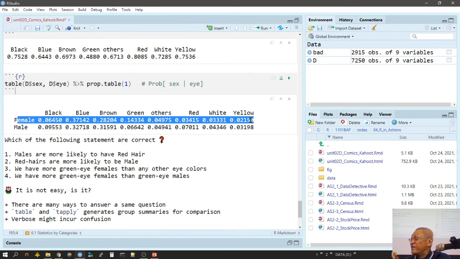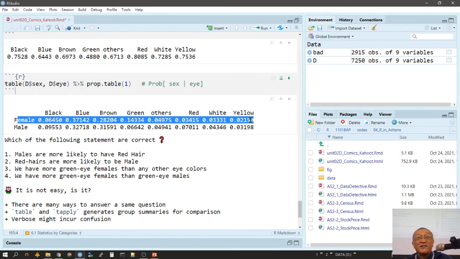Raise your hand. Yes. It's just showing the percentage of each eye color across only female. Right, you are right. It's actually showing the fraction of each eye color in female, right?